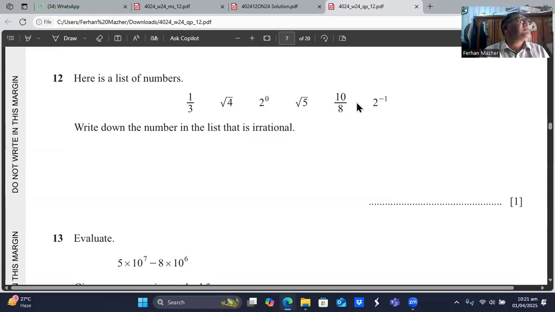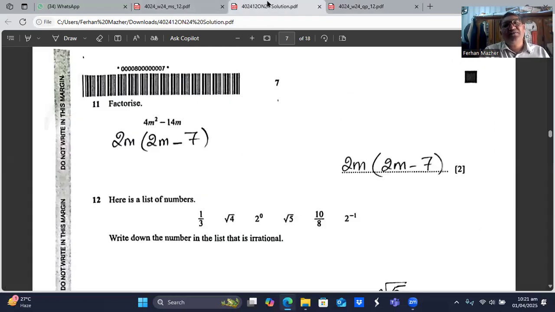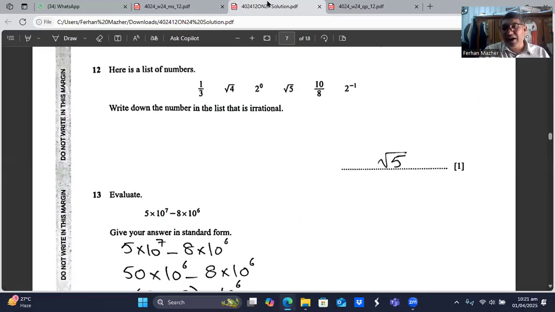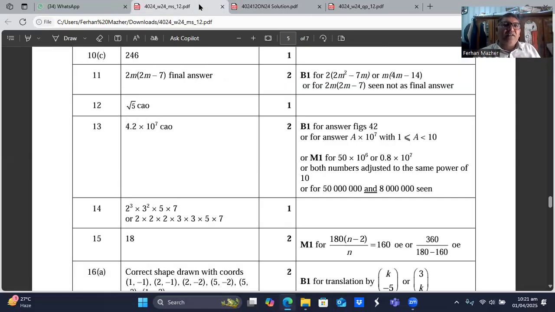The famous irrational numbers are, we have a prime number, and on it we have square root. So it's square root of 5. Square root of 5 is the famous irrational number. A prime number under a radical sign is a famous irrational number. So question number 12, we are done.